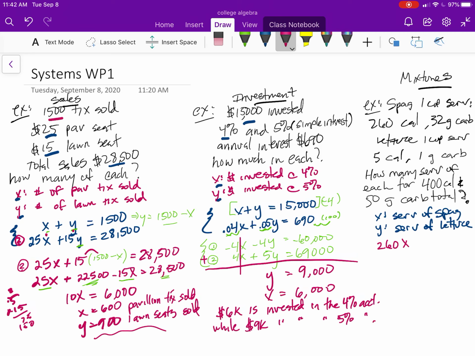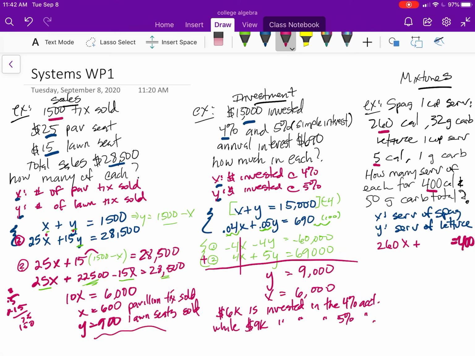So multiplied by, let's say you had 2 servings, 260 times 2, 520. 3 servings, and so forth. Plus, now I'm looking at calories here because I know the calories for spaghetti is 260, lettuce is 5, but in total I want 400.